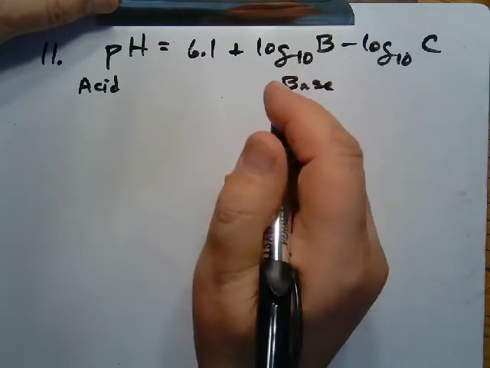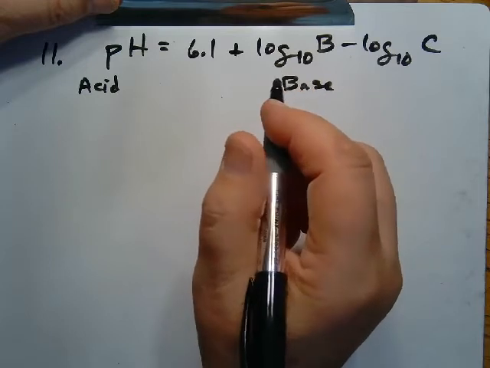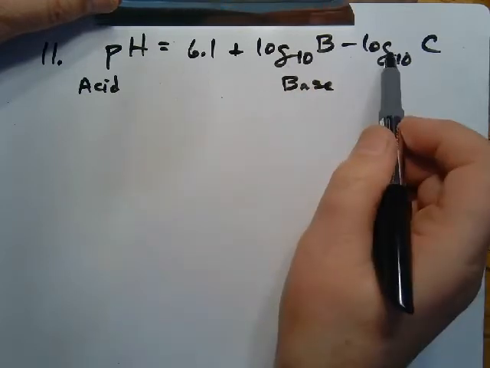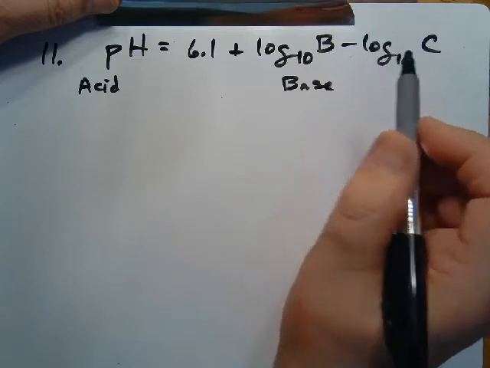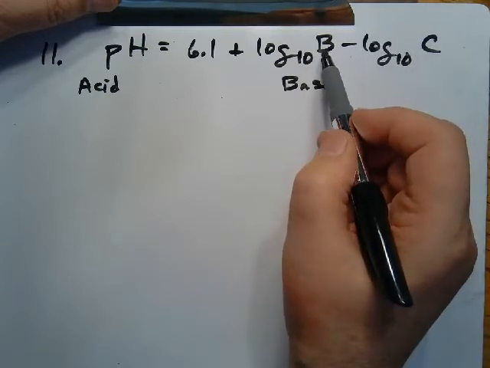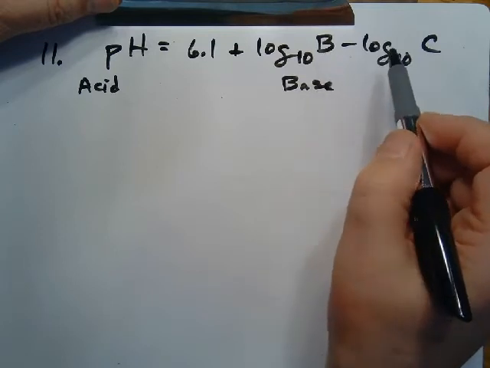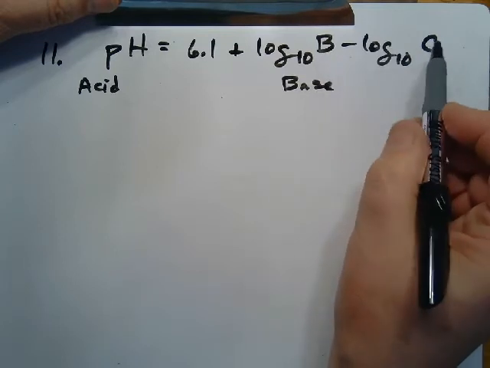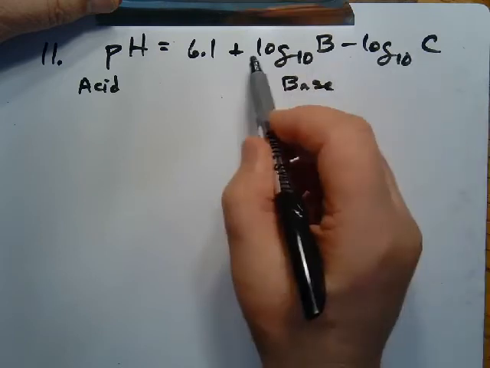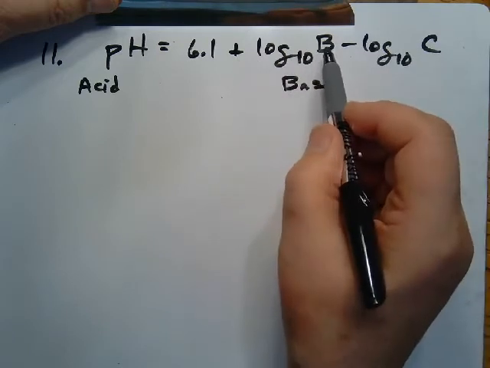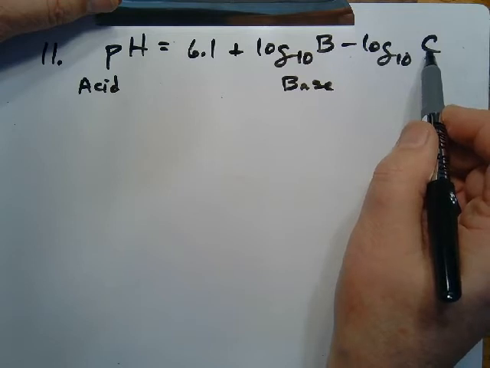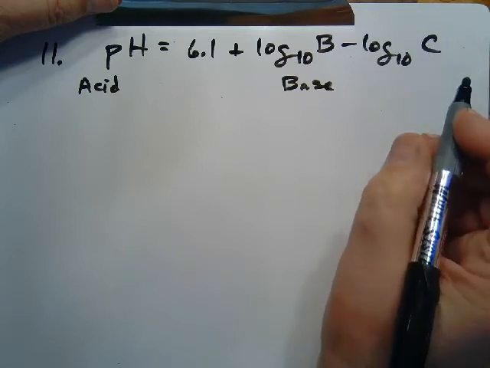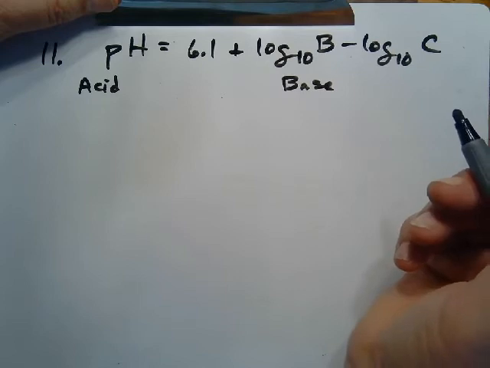I'm reading from page 544. The pH of a person's blood is given by this formula right up here, where B is the concentration of bicarbonate, which is a base in the blood, and C is the concentration of carbonic acid. So it's this ratio of bicarbonate to carbonic acid. Question 11 says, use the quotient property of logarithms to simplify the formula.